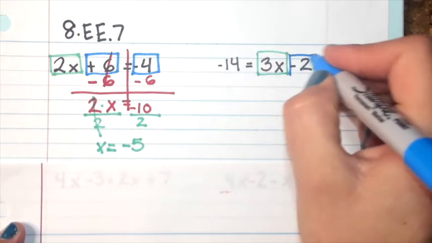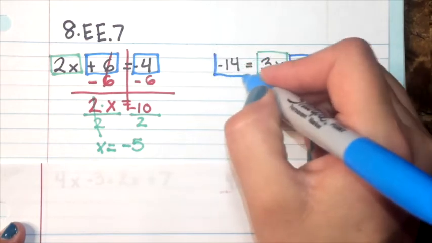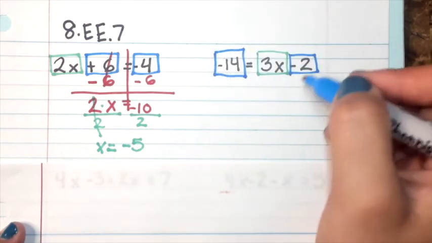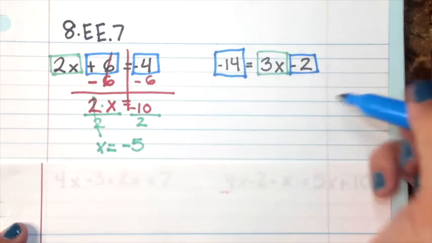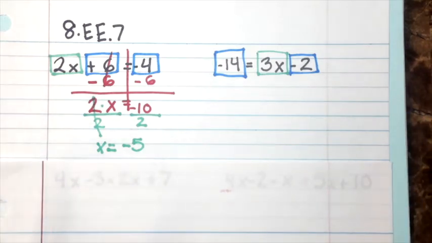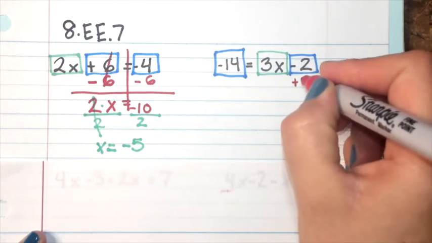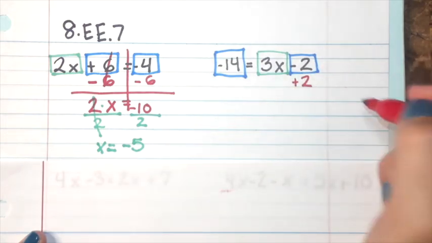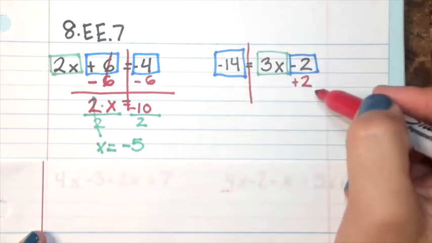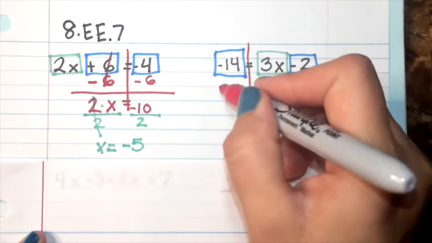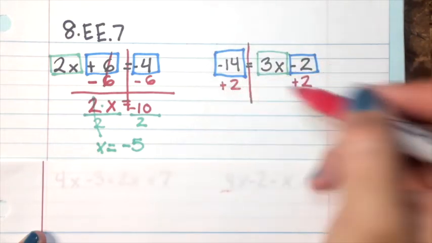Now we have our negative 2 and our negative 14. They don't have x's, so can we combine them? Yes. We will do the inverse operation. So I'm going to cancel out this negative 2 by doing positive 2, and then on this other side, I will be doing positive 2 as well.